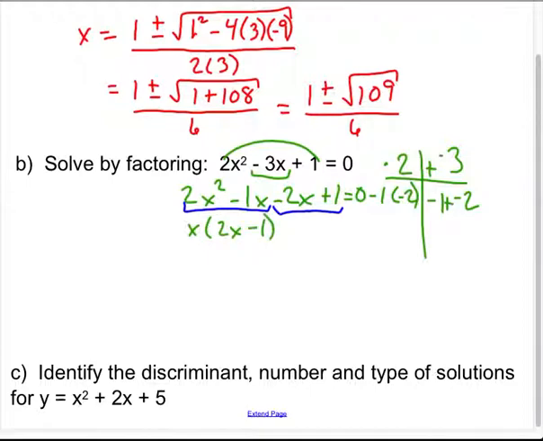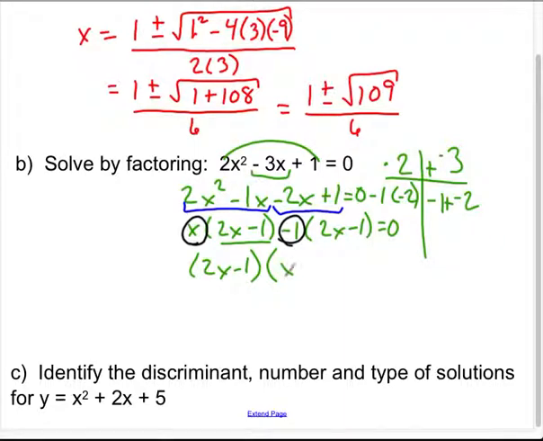From my second group, what I notice is that the signs inside this parenthesis are the opposite from the ones I have sitting there. So I want to factor out a -1 so that I have a 2x minus 1. And then I can factor out that 2x minus 1 that's common to both terms, leaving me with x minus 1 in my second binomial.